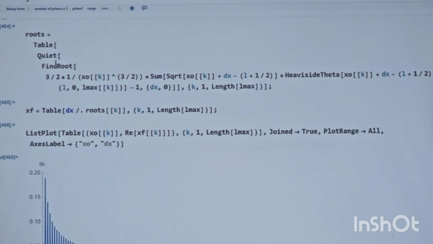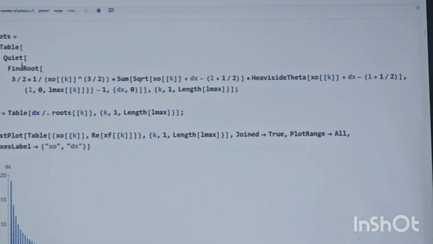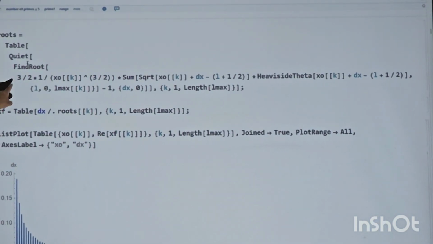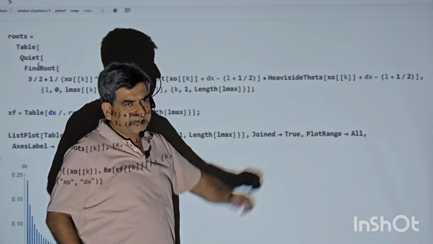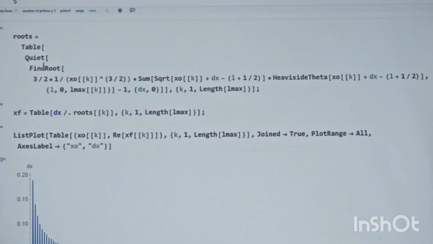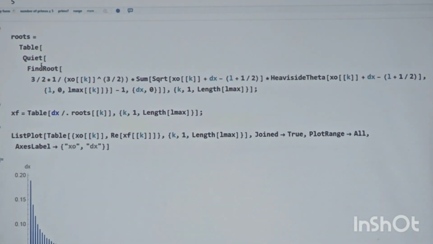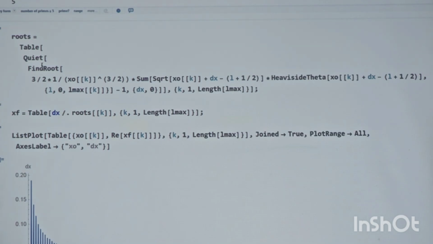I have just put in this equation and find the roots of this. And I also have the Heaviside theta function which ensures that whatever goes in the square root is positive. Okay, so I get a table of roots, and xf is my change in the Fermi energy. Whatever roots I get, I just call it xf.